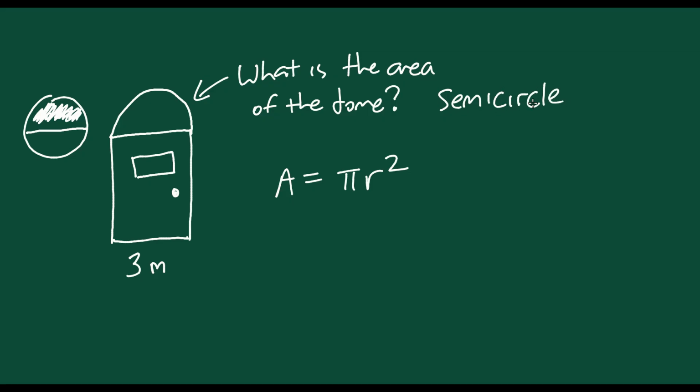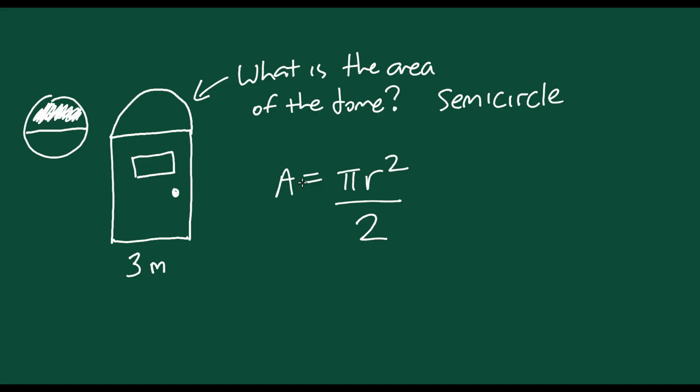It's half of a circle. So the formula for a dome, a semicircle, would simply be pi r squared divided by 2, because a semicircle is half of a circle. We take the circle's area and divide it by 2.